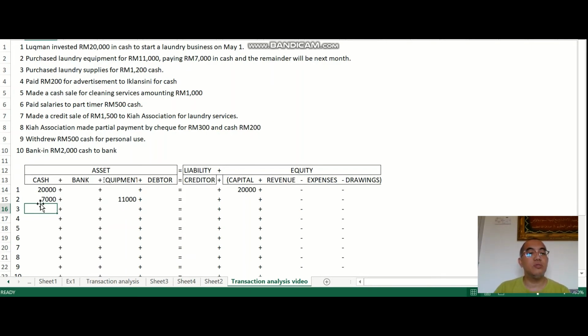Minus 7 plus 11, you have 4. So 4 is our creditor, is our liability. We still owe our creditor, so I put here 4,000.